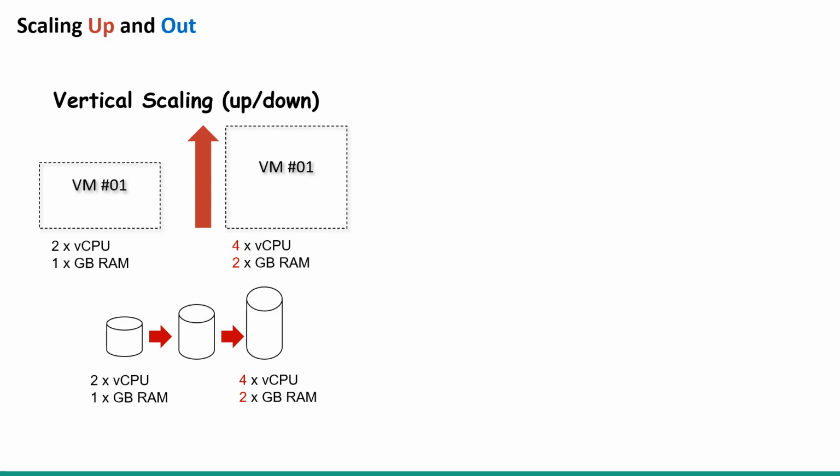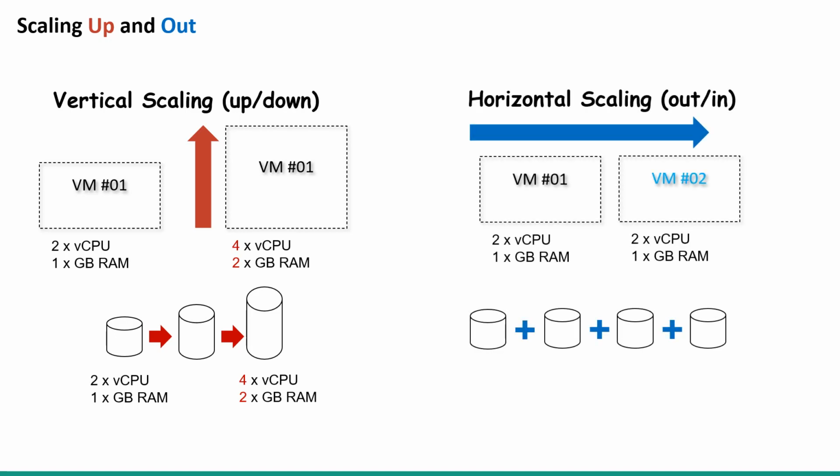The next scaling option is horizontal scaling, also called scaling out, okay, or in. Scaling out is about adding additional nodes to support the load on some cluster. Instead of adding more capacity by making a specific node more powerful, we add the power by increasing the number of nodes.